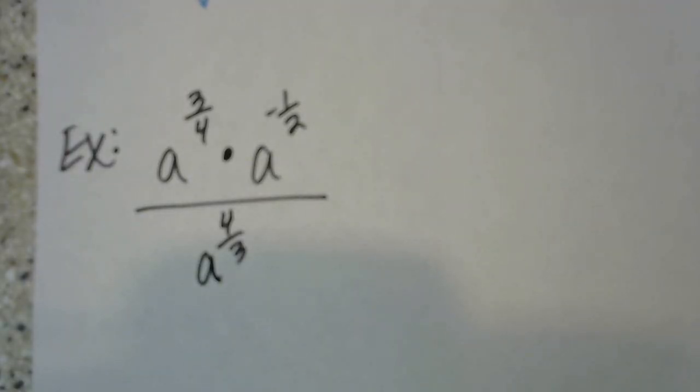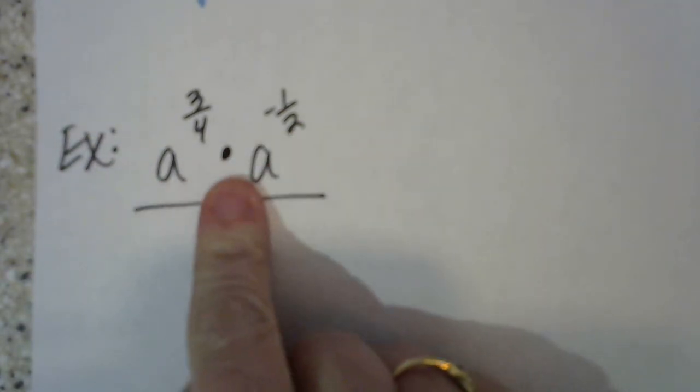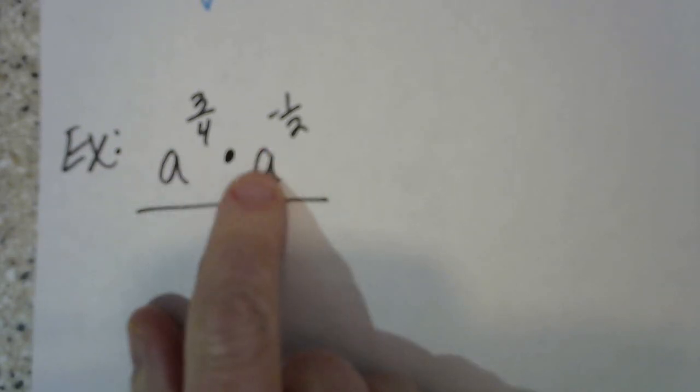So because we have the same base, there's a lot of different places we could start. Some of you at the top see that you can add those exponents. You could add those because they have the same base.